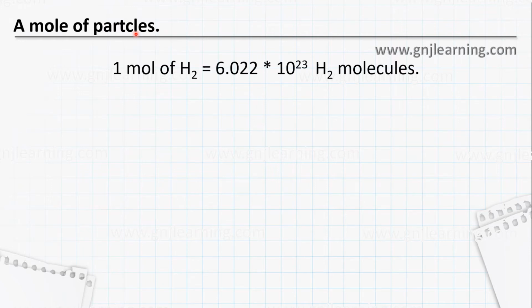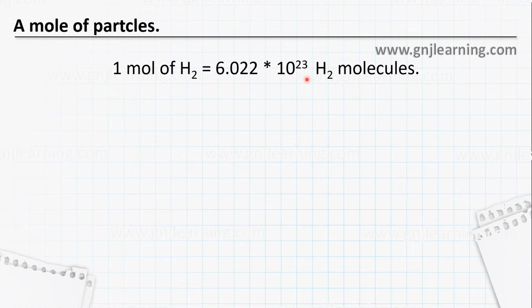Okay, so a mole of particles. Now we know what a mole is, right? If I'm asking what a mole of H2 is, you simply replace this mole with that number: 6.022 into 10 raised to 23 H2 molecules. Or the other way around, if you have this much number, I can say that it is a mole of H2.